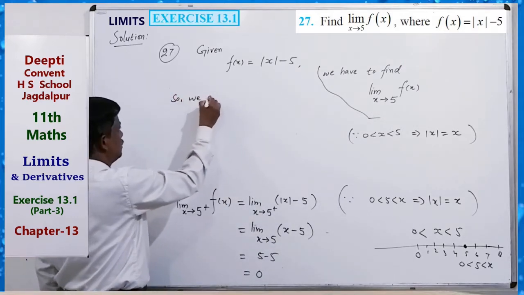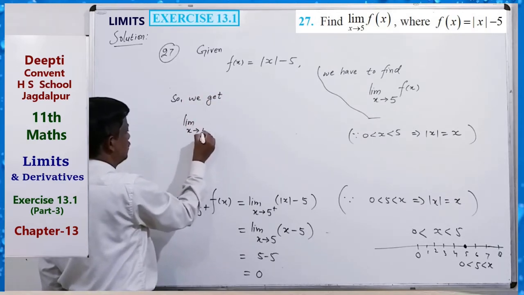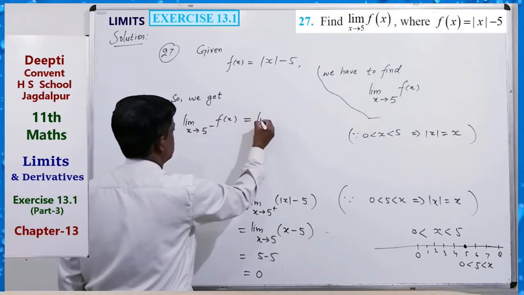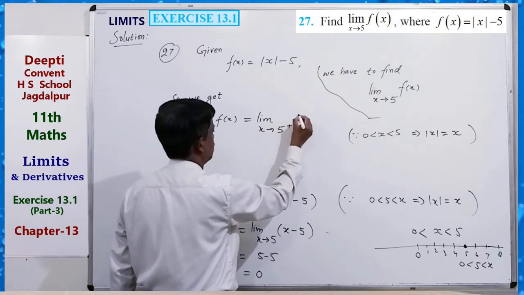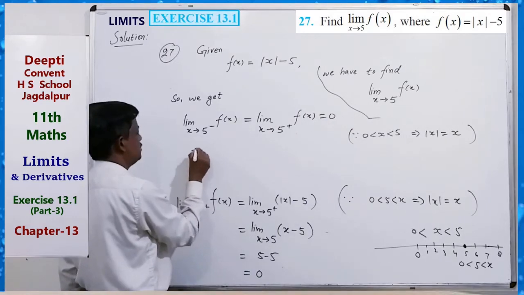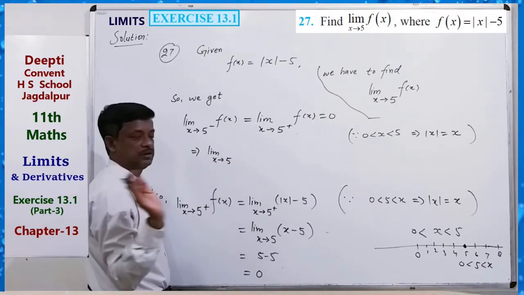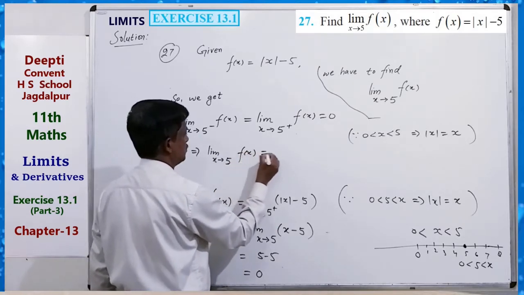So left hand limit equals right hand limit, both are 0, which implies limit x tending to 5 of f(x) equals 0.